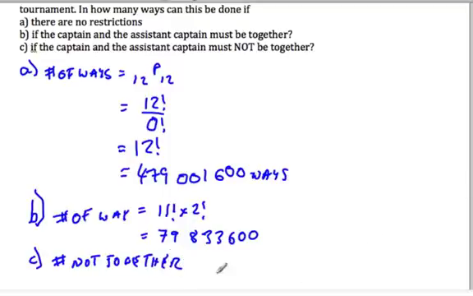And this is what's meant by the indirect method. In this case, we know the total number of ways that the team can line up for their medals, and we're going to subtract off the total number of ways that the captain and the assistant captain must be together.